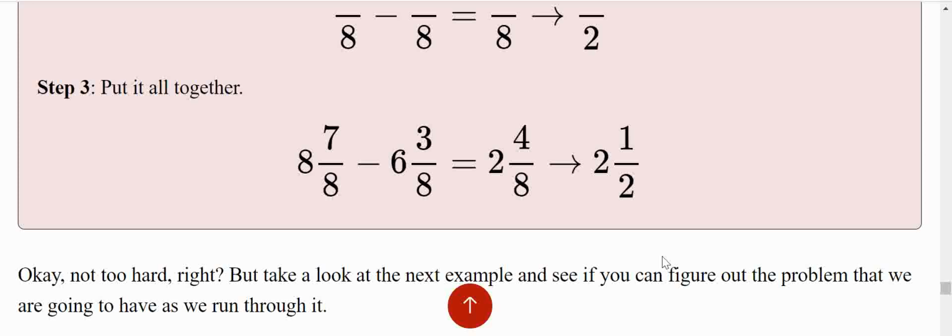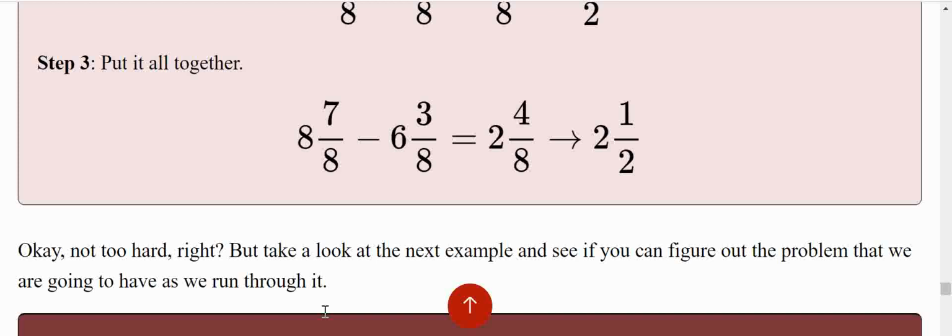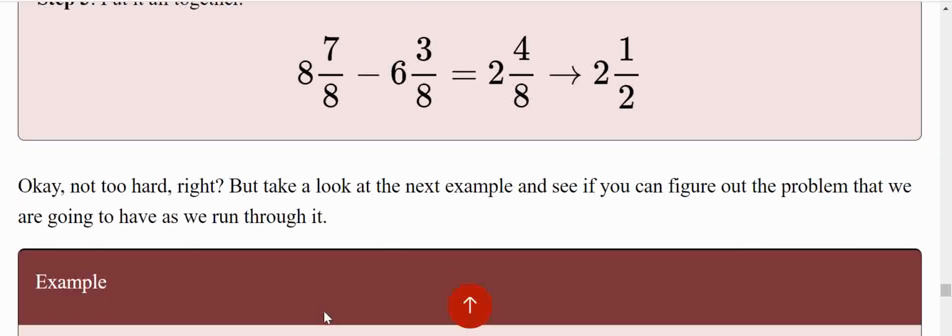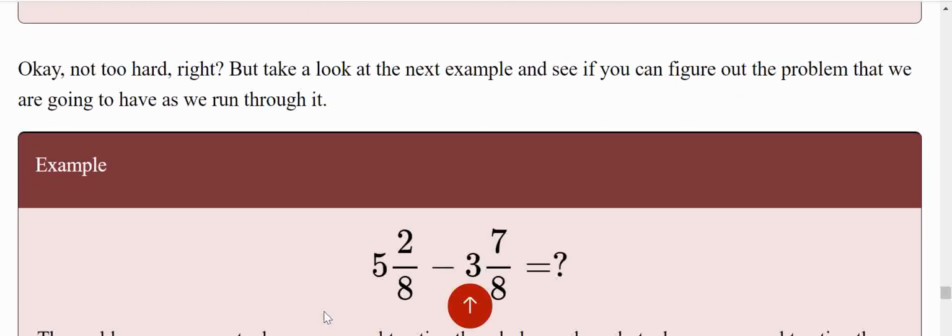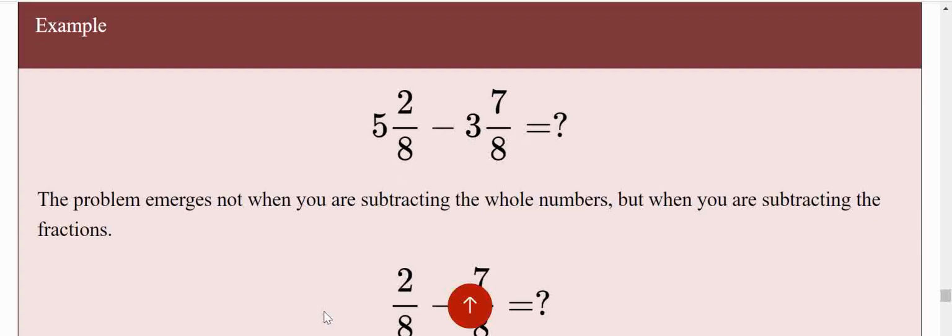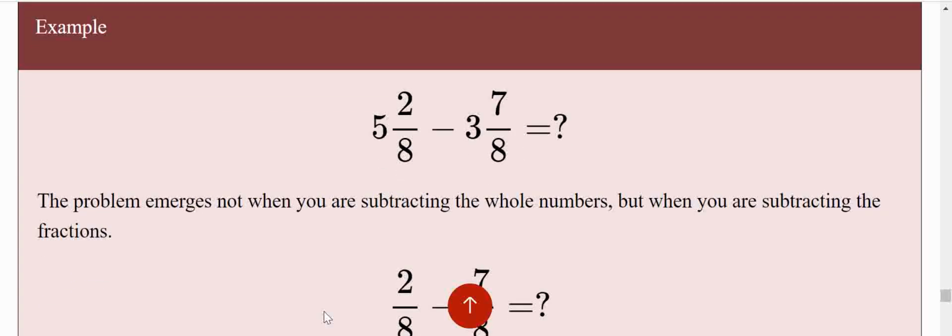But take a look at the next example and see if you can figure out the problem that we are going to have as we run through it. Example. 5 and 2/8 minus 3 and 7/8 is what?